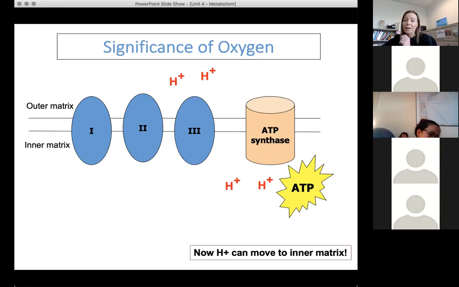And then you guys have to add in, so that's just the electron transport chain. But remember, ATP was made during glycolysis, you made 2. And then during the Krebs cycle, you also made 2. So add those in, and the total number of ATP produced from all of the steps added up is 30 or 32.